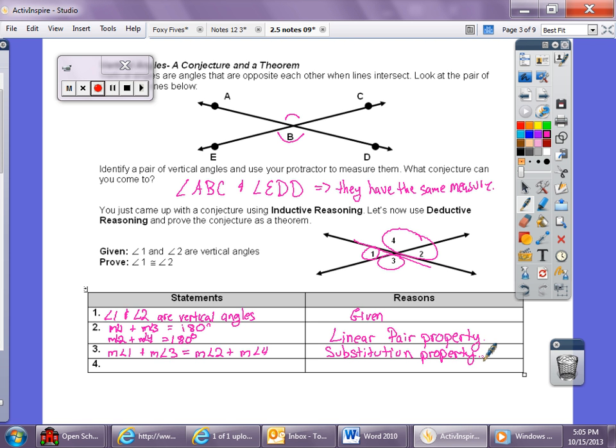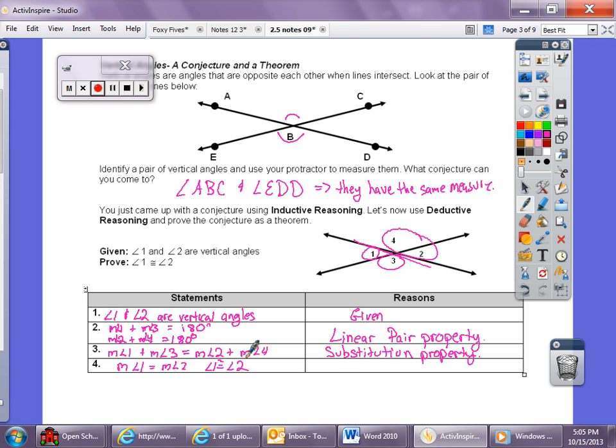And then finally, we can say that the measure of angle 1 equals the measure of angle 2, or that angle 1 is congruent to angle 2, because we got rid of angle 3 and angle 4.